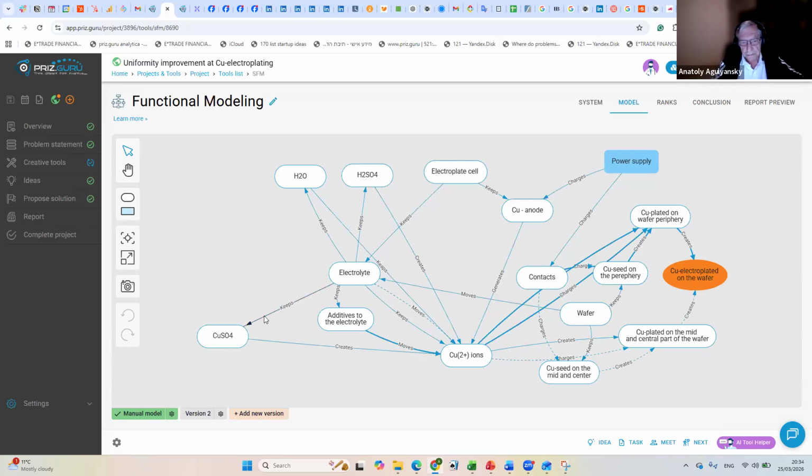with functions. With the function, electrolyte consists of water, sulfuric acid, and it keeps copper sulfate, it keeps water, it keeps sulfuric acid, it keeps ions, it keeps additives. If you see, there is no harmful function here, because generally we can assign harmful functions.